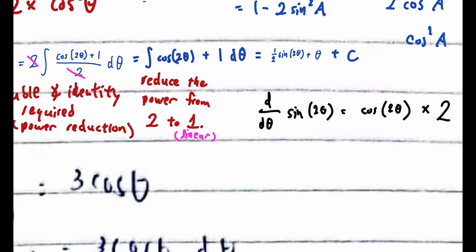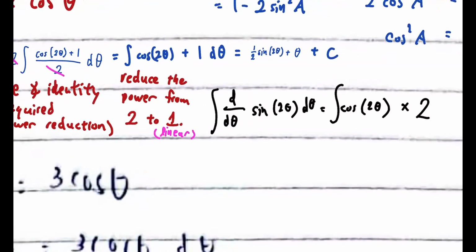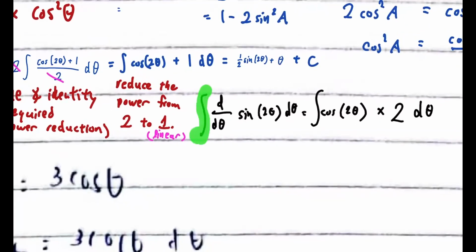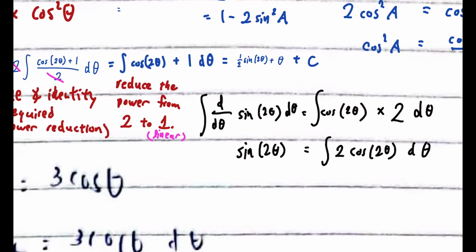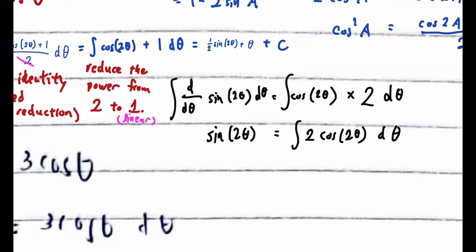So now if you try to integrate both sides, just like differential equations, integral d theta on both sides, then what happens when you have integral and derivative? They will cancel out. Then you're just left with sine 2 theta equals the integral of 2 cos 2 theta d theta. Is this part clear to you? Differentiating, you get an answer. Integrating means you get back the original.